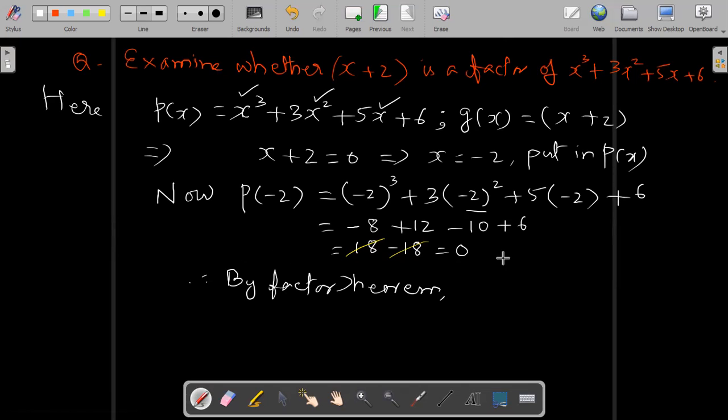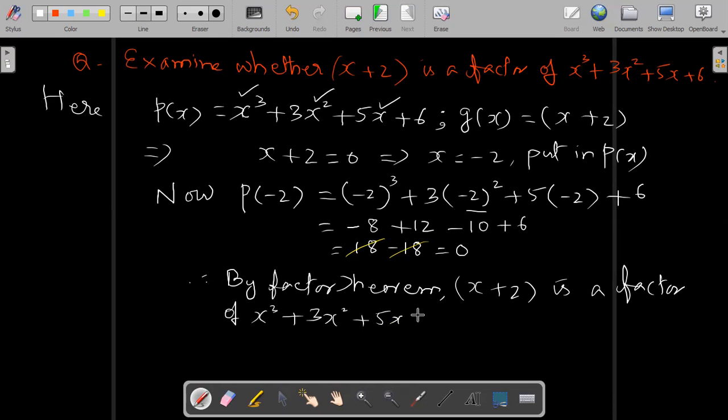By factor theorem, as the remainder is 0, x plus 2 is a factor of x cube plus 3x square plus 5x plus 6. So like this we will use the factor theorem.